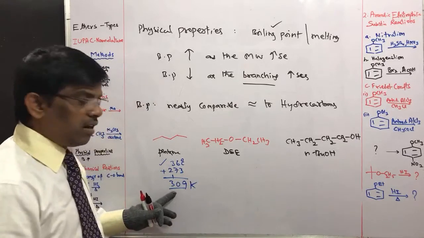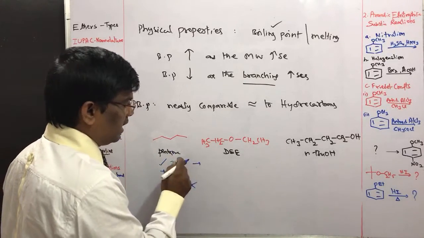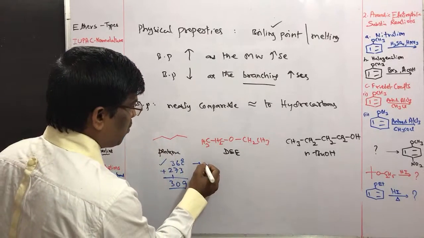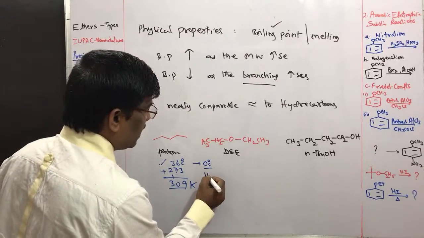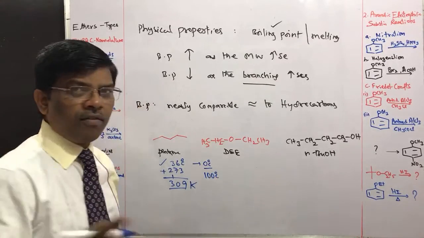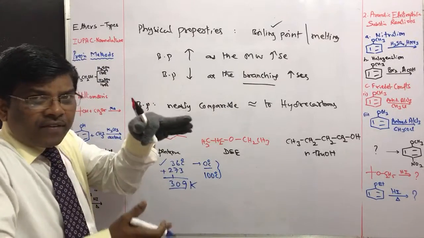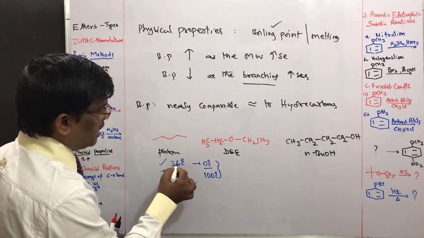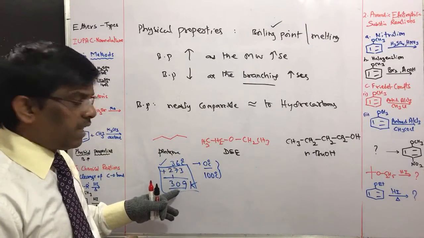The number seems very high, and degrees centigrade are very easy to remember. 0 degrees is ice temperature, 100 degrees centigrade is the boiling temperature of water, so you come to know the range of temperature. That is why I am teaching in degrees centigrade. However, in textbooks you will find Kelvin.